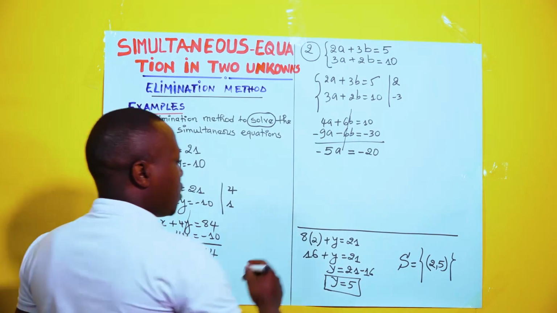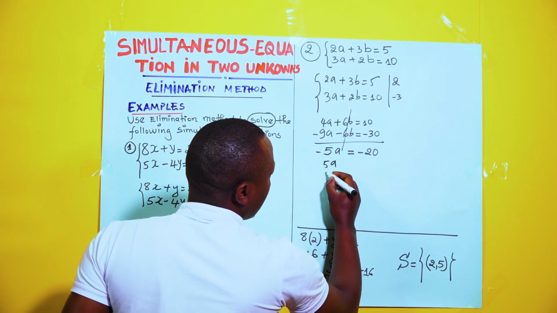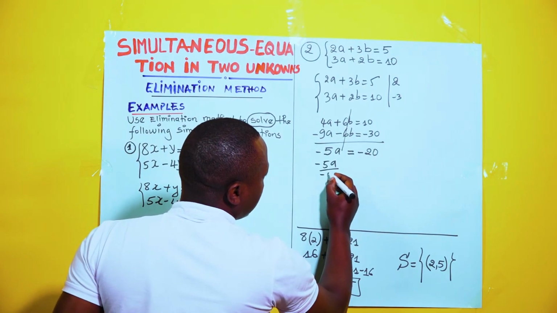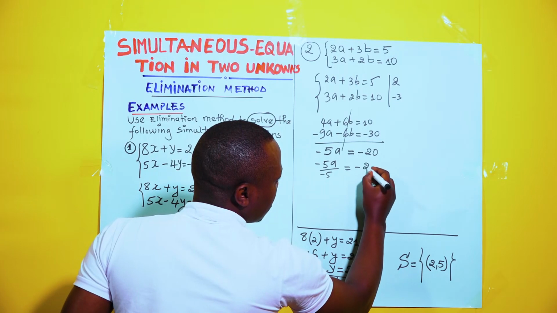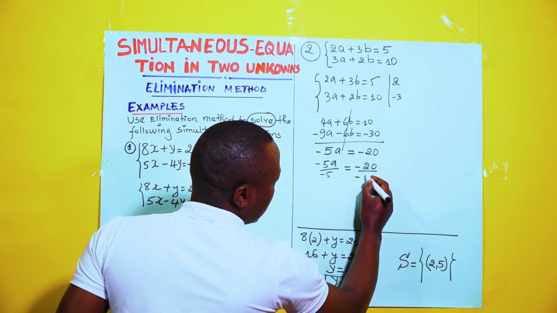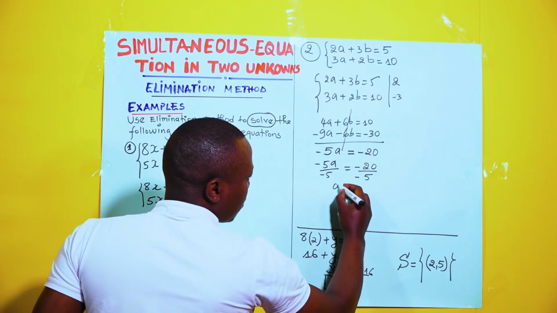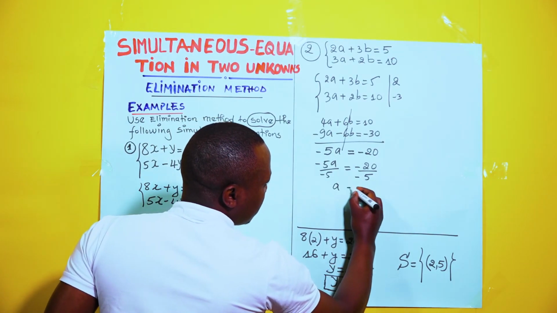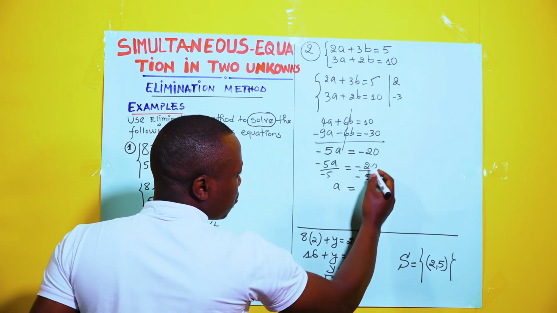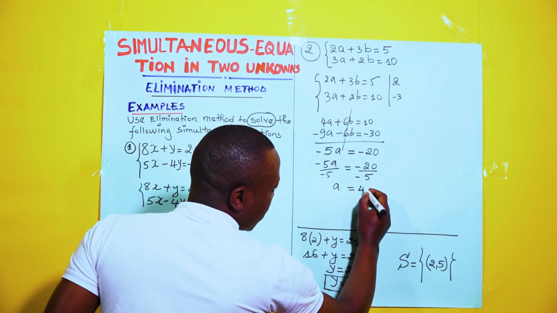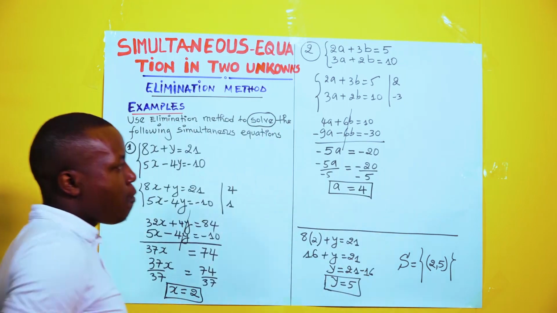So how can we find a? 5a, you can divide it by negative 5. If we divide it here by negative 5, we shall also divide by negative 5 on the other side. Right? So we shall remain with a, and then the negative is going to be positive. 20 over 5, it is how much? It is 4. So the value of a here is 4.